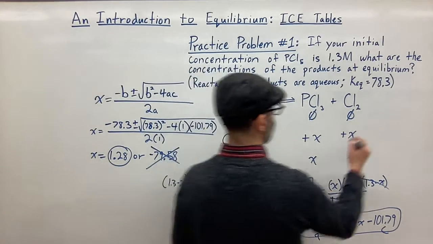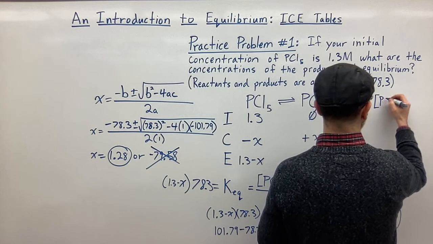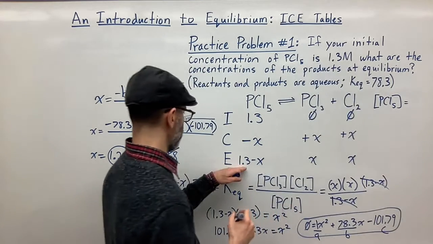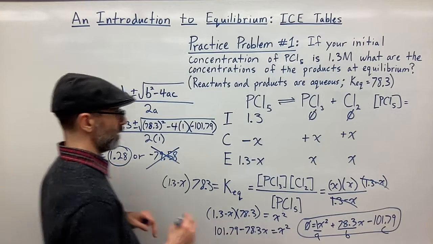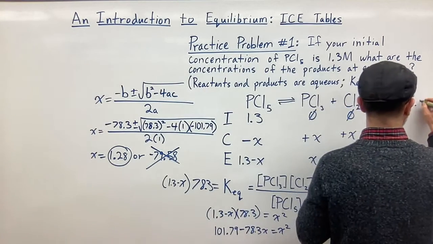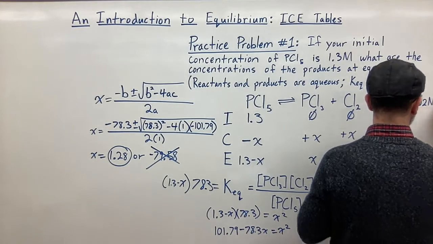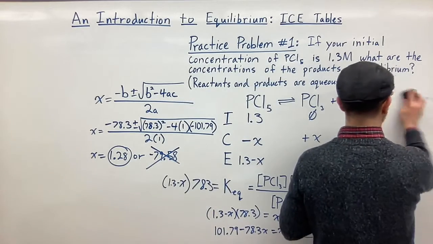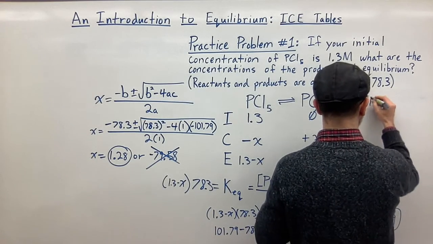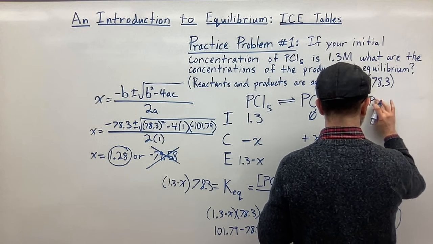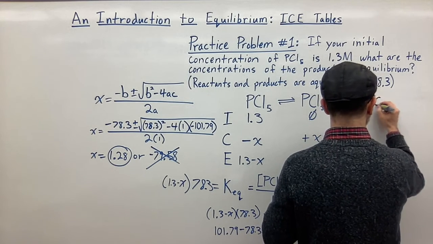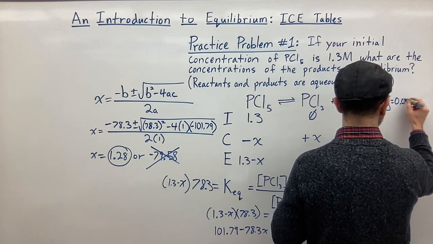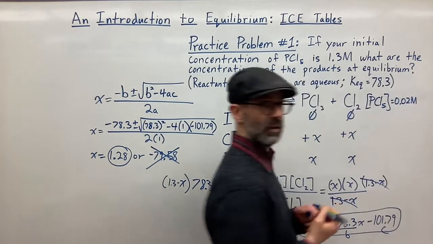For PCl5, the concentration of PCl5 is going to be equal to 1.3 minus 1.28, which gives you 0.02 molar.